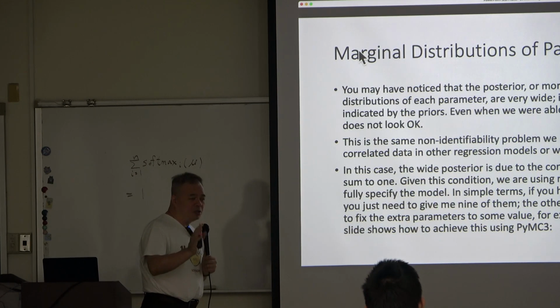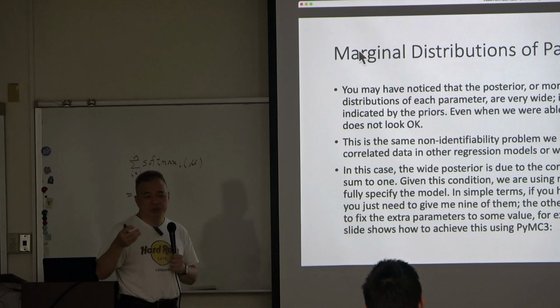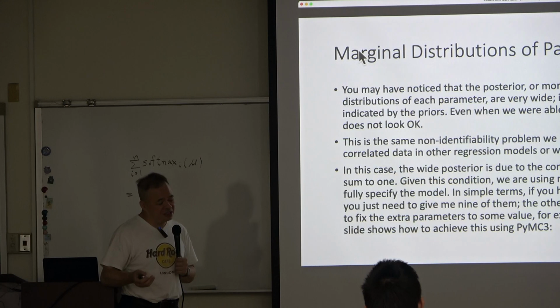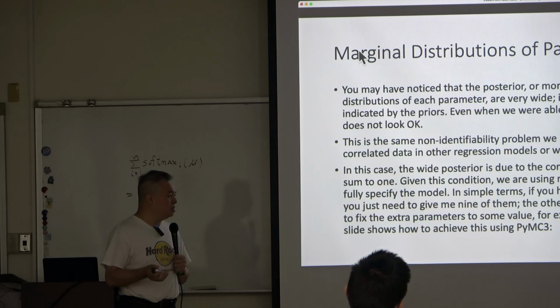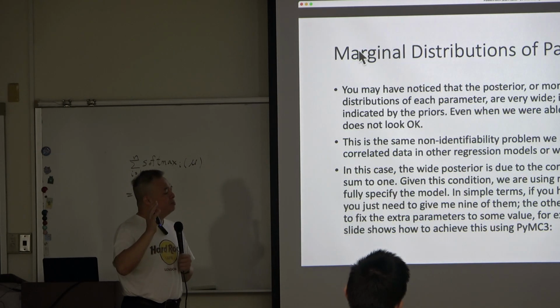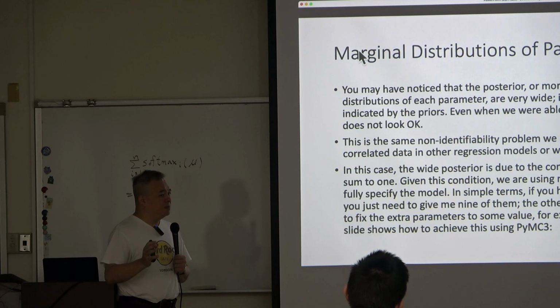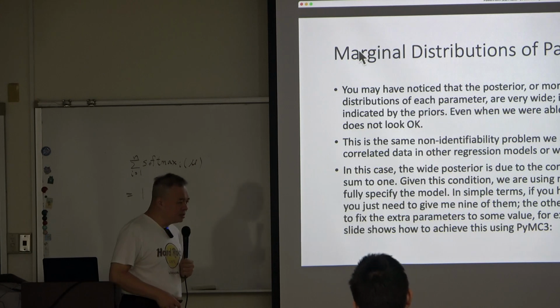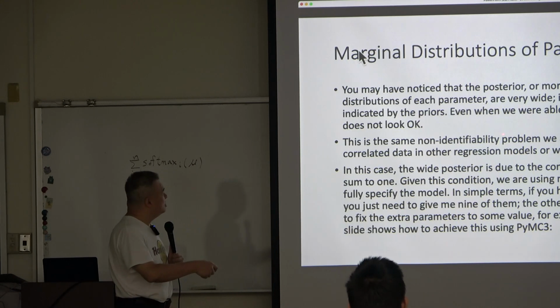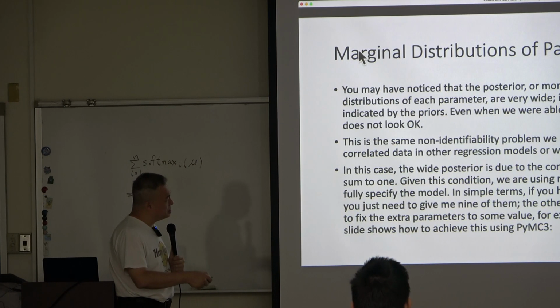But make no mistake, the model performance is okay, even though we overestimate it by using the same training data for estimation. But the problem is that the posterior of your parameters doesn't look right. Even when we were able to make correct predictions out of the model, this does not look okay.